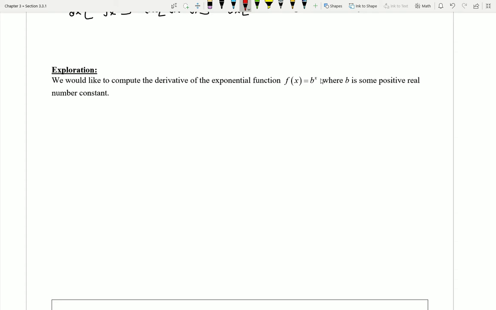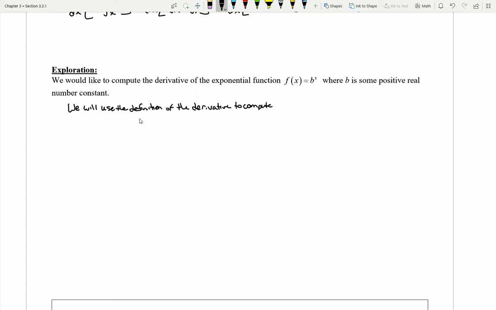So what exactly are we going to do here? Because the power rule doesn't apply. Well, again, if I ever want to take the derivative of a new type of function, I've got to go back to the definition. So I will start here by stating that we will use the definition of the derivative to compute.